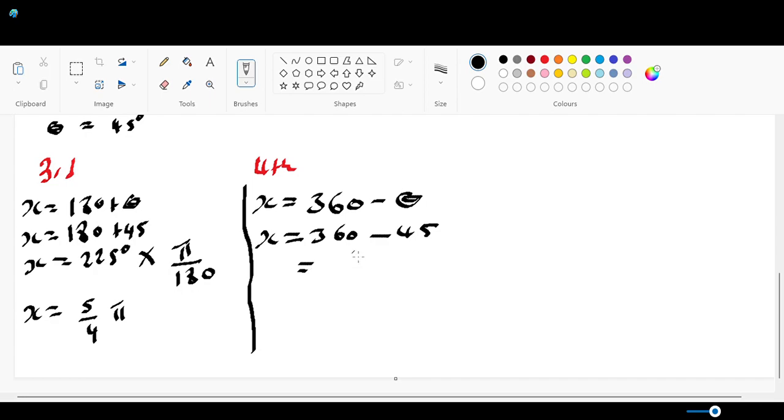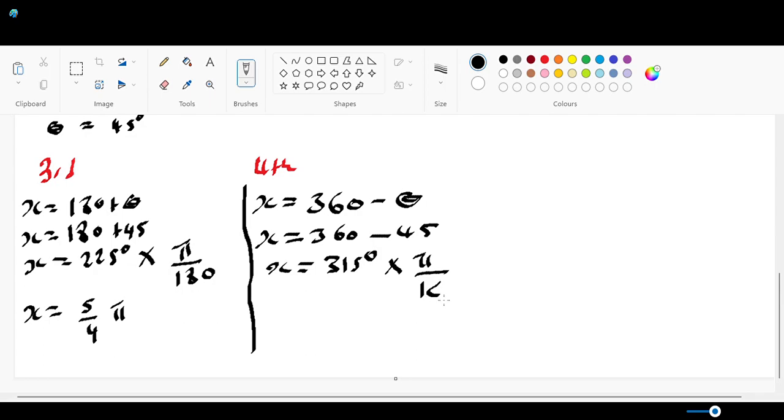So x is going to be 360 minus 45. So the answer is going to be 315 degrees.